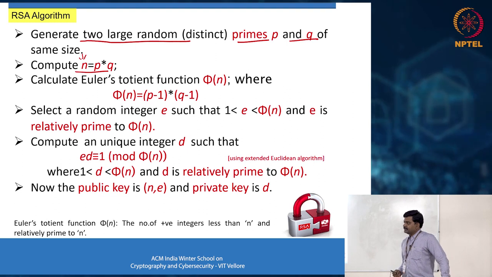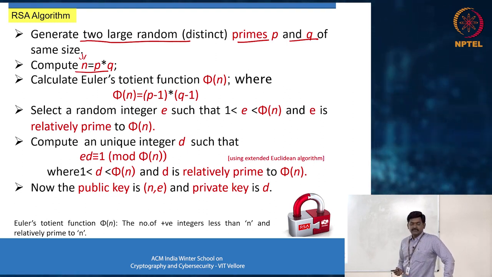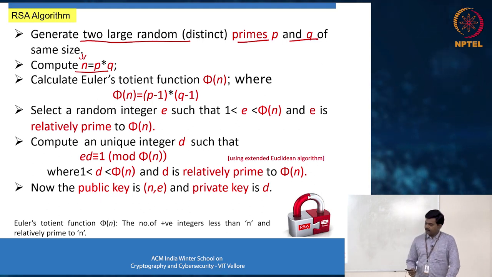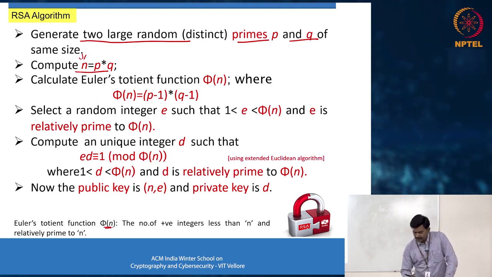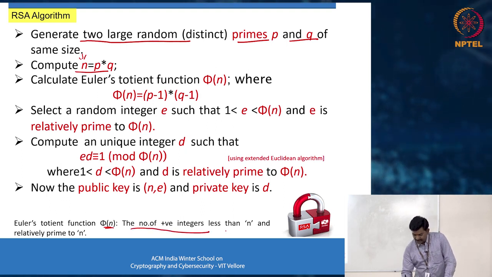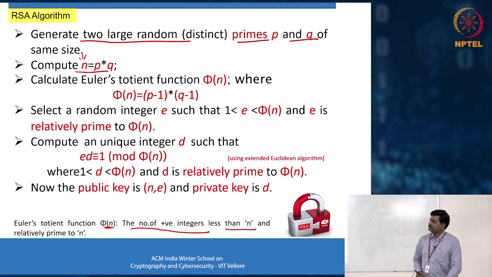Once you did that, for that particular n value, find Euler's totient value. What is meant by Euler's totient value? For a particular n, it is the number of positive integers less than n and relatively prime to n.